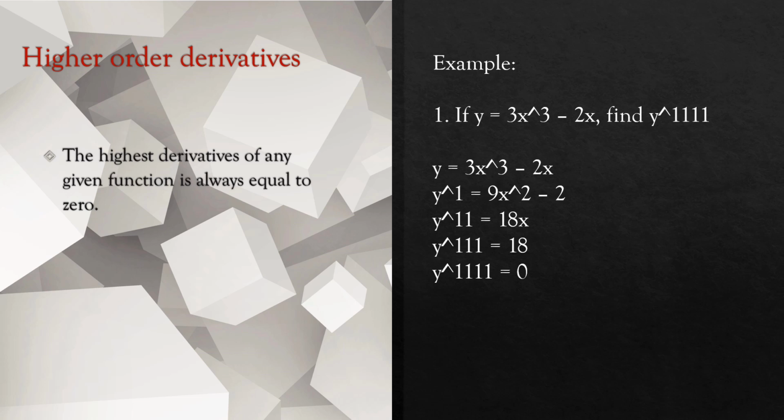Next is the third derivative. 18x, since the derivative of x is equal to 1, 18 times 1 is 18. Then next is the derivative of 18. Since 18 is a constant, that will be equal to 0. So the fourth derivative of 3x cubed minus 2x is 0.